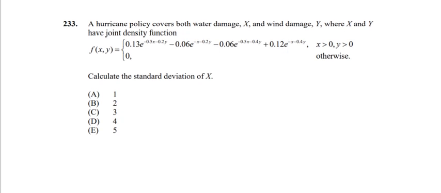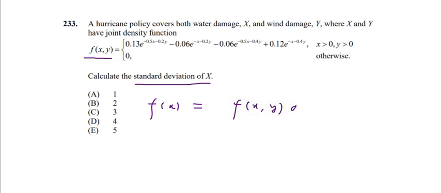So for this problem, we want to find the standard deviation of X. Here we have a joint density function, then we can find the marginal density function first. For fixed X, we just add those Y up, dy, with Y from 0 to infinity.